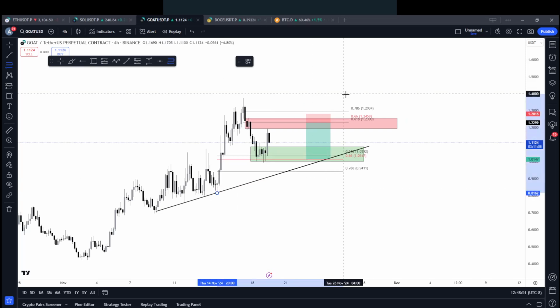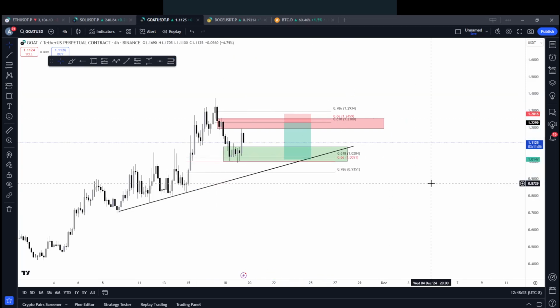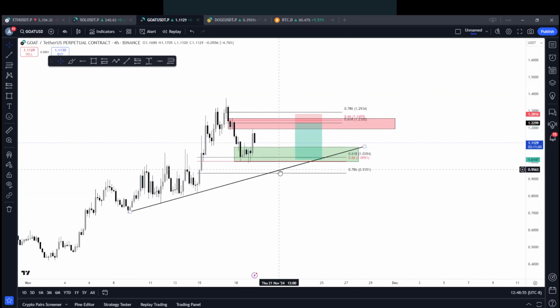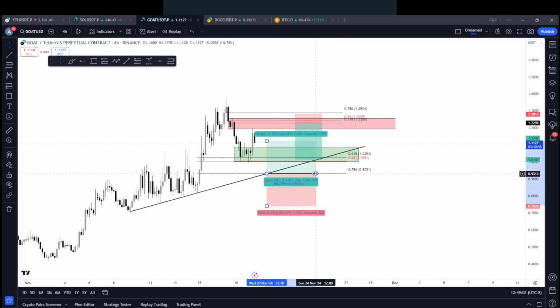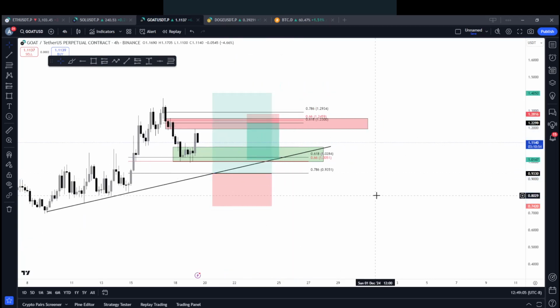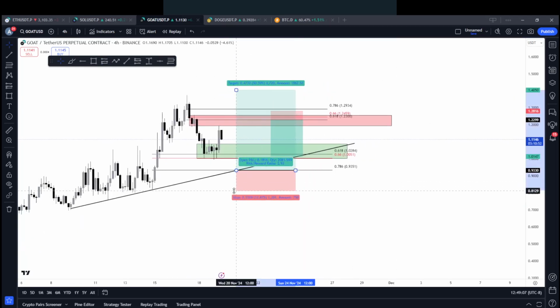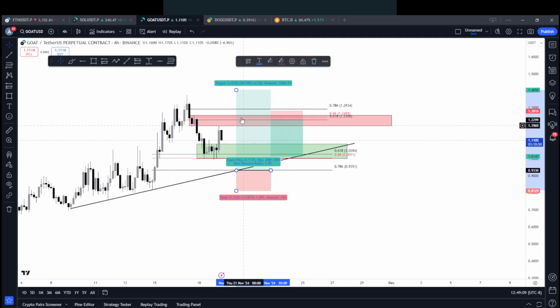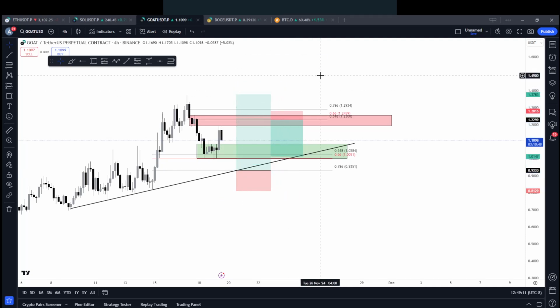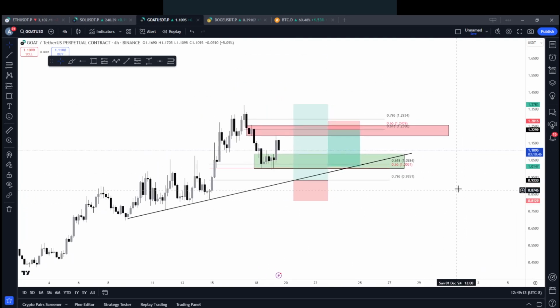Take it from this low to there. Trend line around 93 cents at this current rate. Golden pocket. Stops below. Something like that.